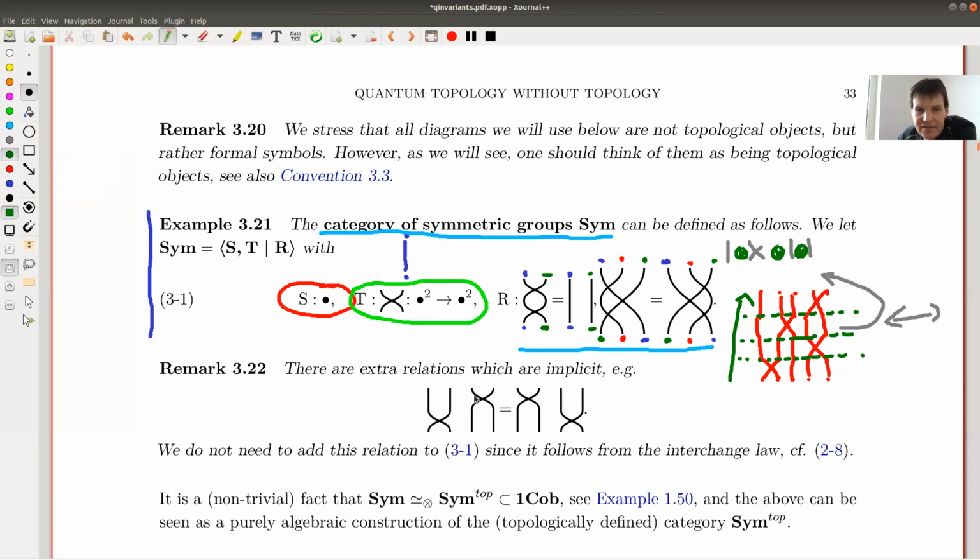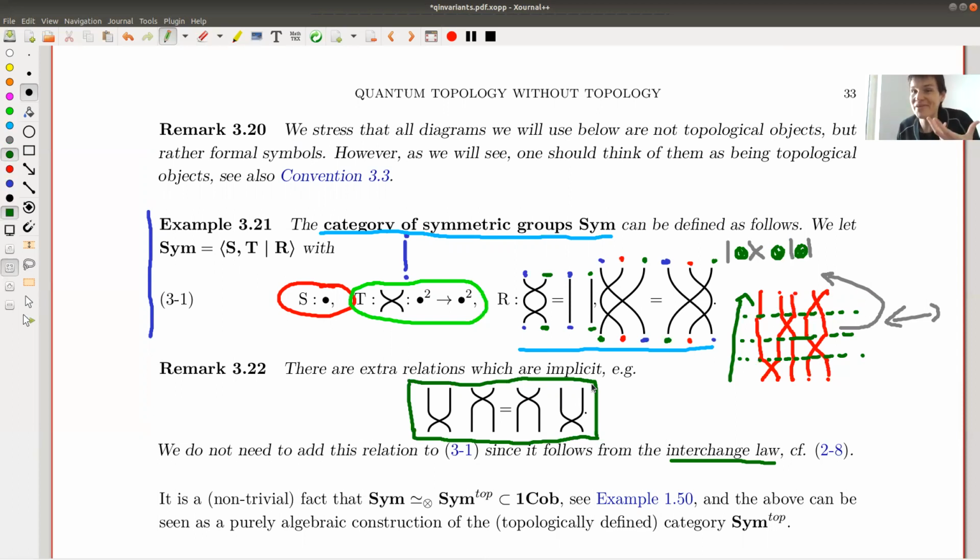Let me just say that there is also this relation, but you don't need to impose it. It's a special case of the interchange law. I leave it to you to check that, to click on 2.8 and see that this is really a special case of the interchange law, which I automatically want to have satisfied in my category generated by something, because that's what I do.